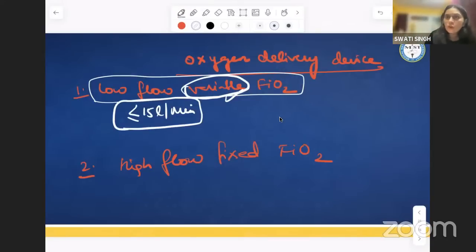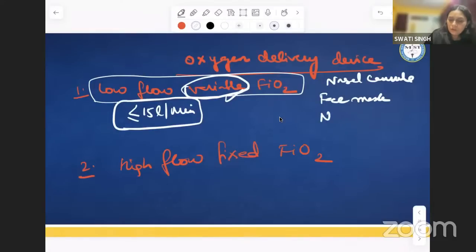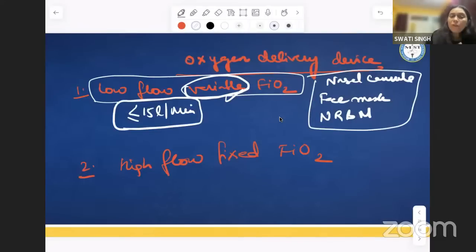They are dependent on the patient's breathing pattern. And three devices come under it: nasal cannula, face mask, and non-rebreathing mask. These three devices come under low flow variable FiO2 delivering devices.